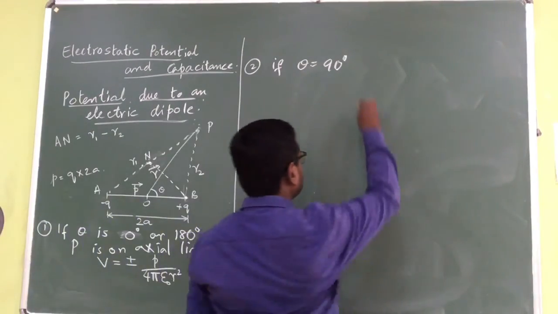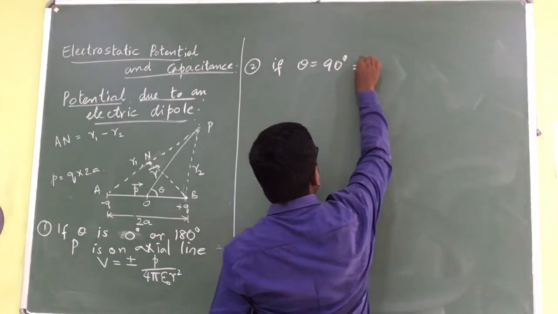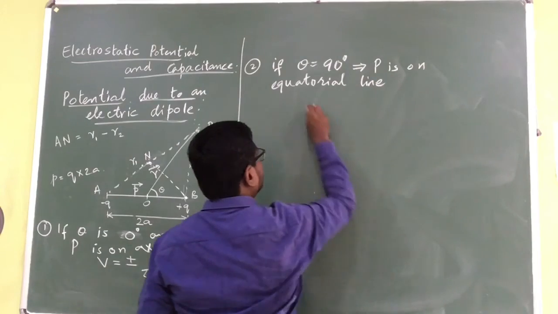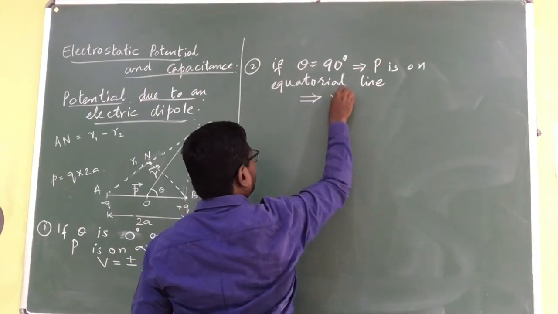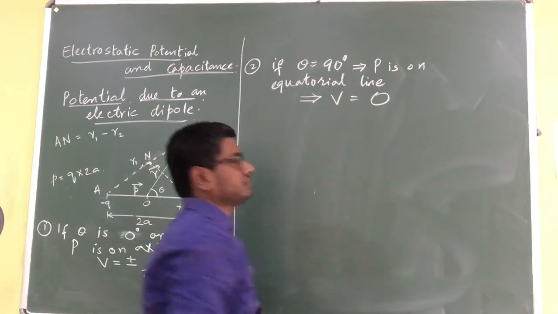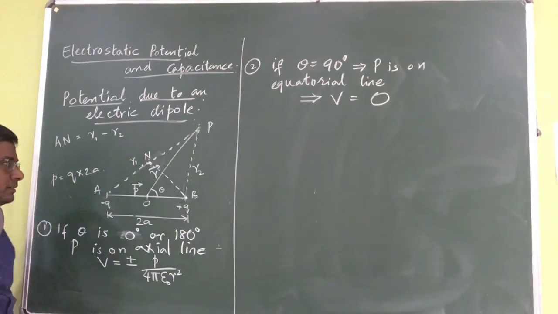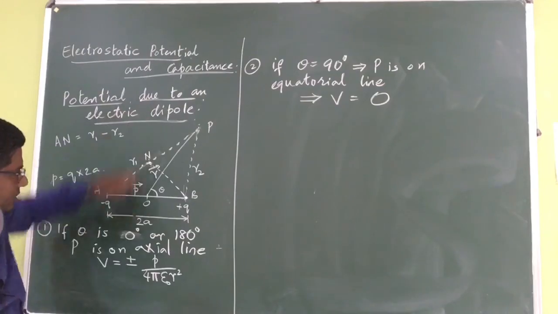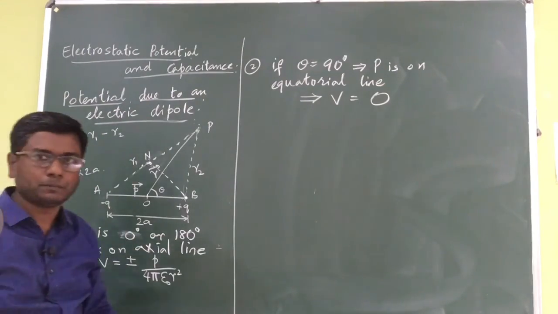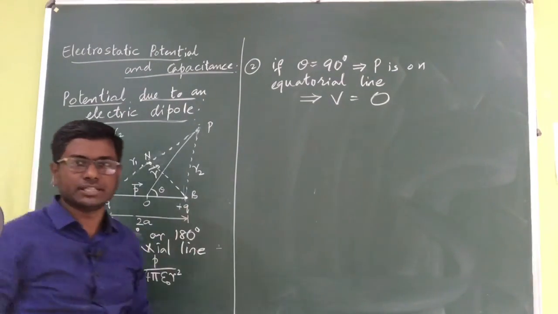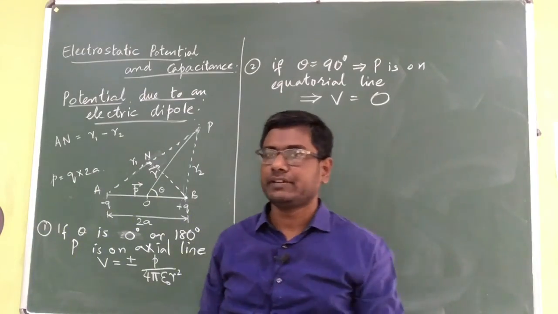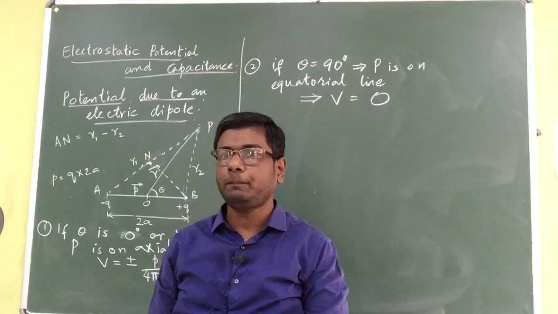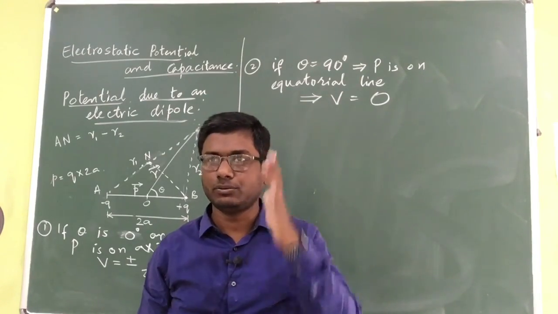It implies P is on the equatorial line, which implies V equals 0. So if this P comes here on the equatorial line, at that point cos 90 is going to give us 0, and that 0 will be in the whole plane of that equatorial region.